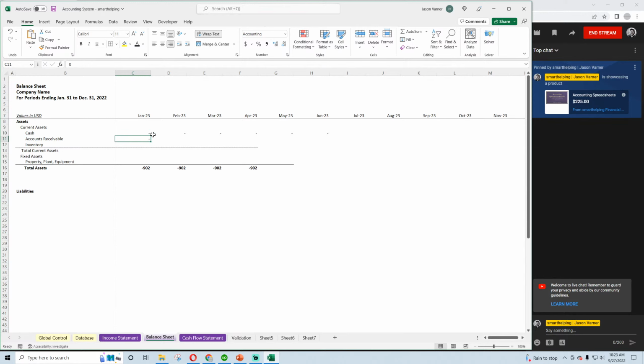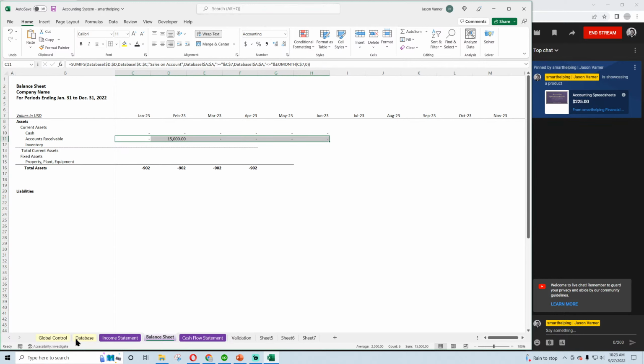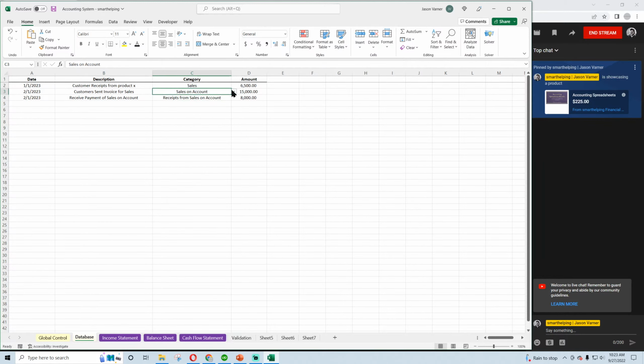Let's get the formatting. We're summing up anything that says sales on account. Okay, so those are sales on account. We want to sum up those to increase receivables for the month if the month matches, but then we want to reduce receivables from anything that's been received from sales on account.